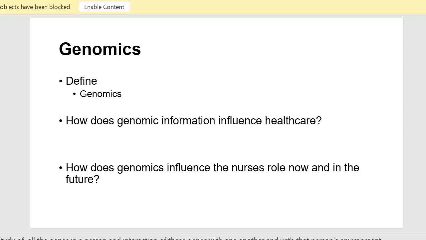There's been a whole list of studies done, and there's so much more information coming out about how genomics influences the health of a person.